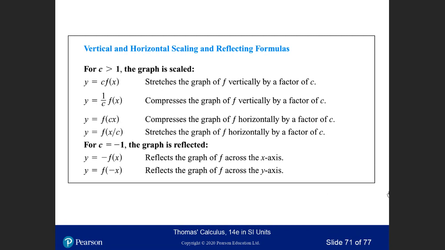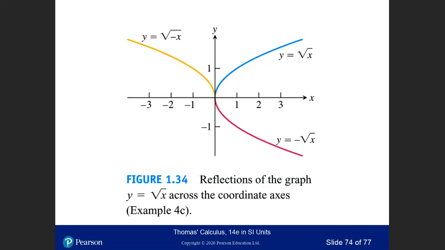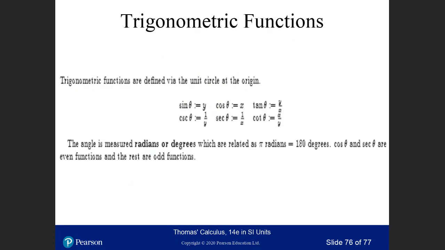Okay, so let's continue now. We know how to stretch, compress, shift, and reflect by multiplying the dependent variable or independent variable with certain numbers. Now let's go to trigonometric functions.